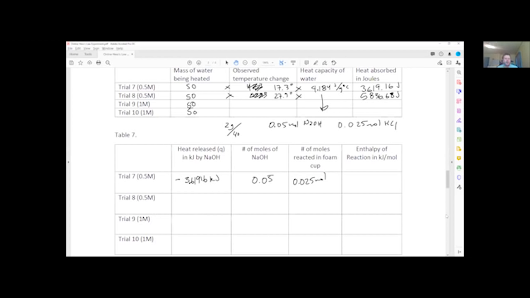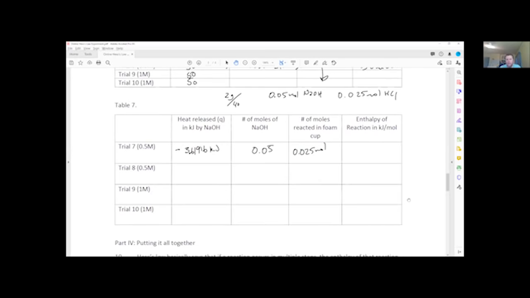But then I also had to think about, of the 0.05 moles of sodium hydroxide, whatever is not neutralized by HCl is going to dissociate. So there's going to be heat related to that. So I've got 2 factors going on here, and my enthalpy of reaction is a little bit complicated.